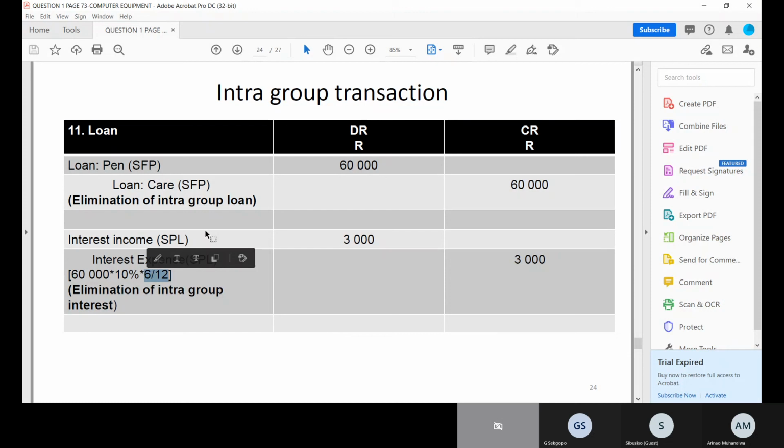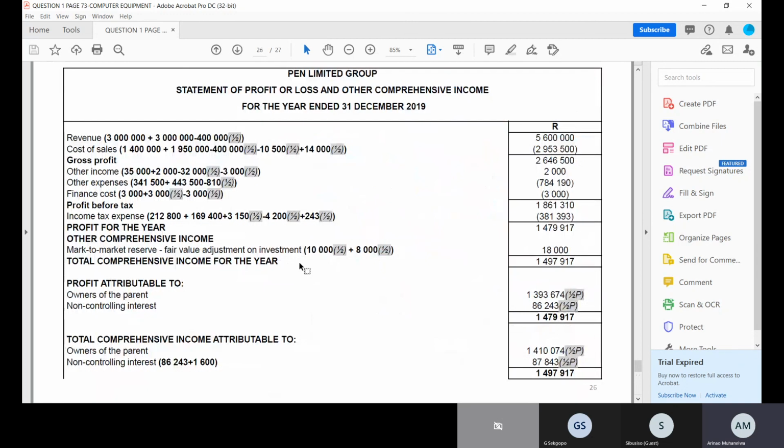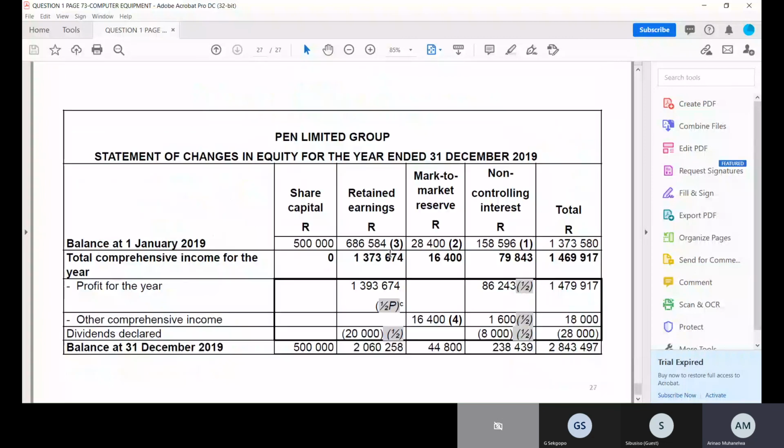So if I go to other income, as well as other expenses, I should be able to see this deduction of 3,000 on the statement. Other income, 3,000. Finance cost, because it's interest expense, 3,000. So the remaining part is just a combined part of it.